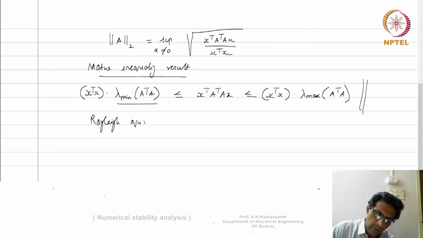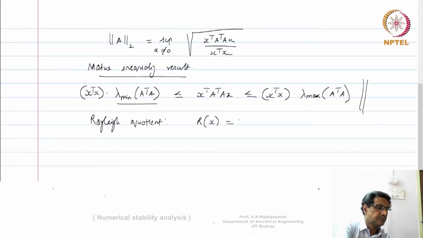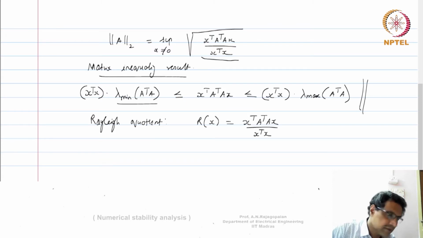The Rayleigh quotient is given as R of x equal to x transpose A transpose A x upon x transpose x. In fact, the term sitting here is the Rayleigh quotient.